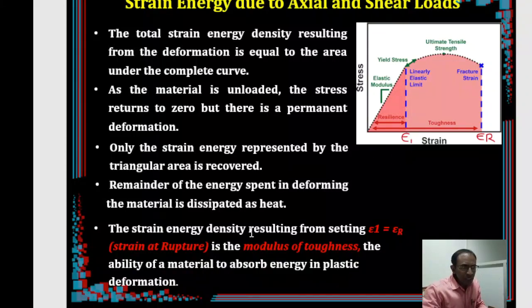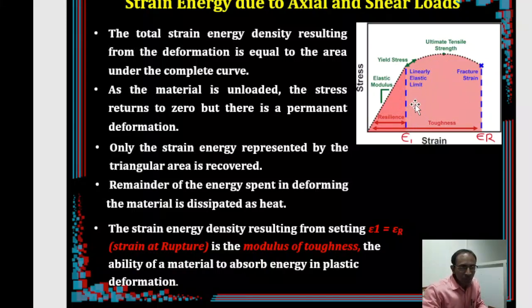So what about the rest of the area, from here to here? The strain energy density in this first part is the strain energy in the elastic region, whereas the strain energy stored in the other part is in the plastic region.